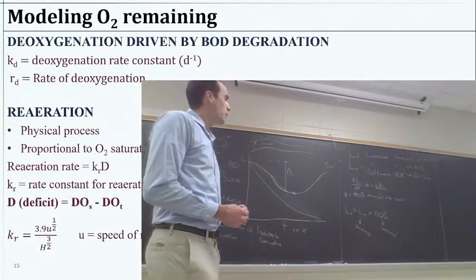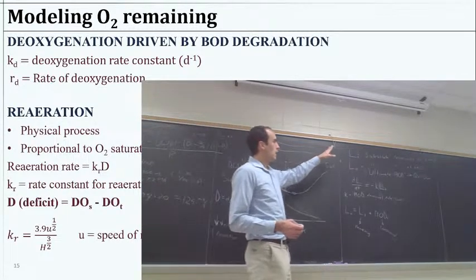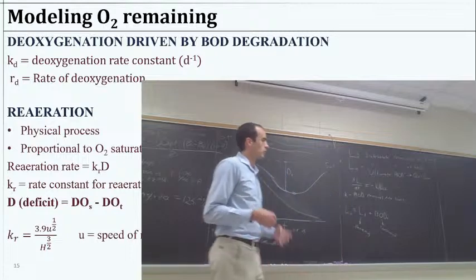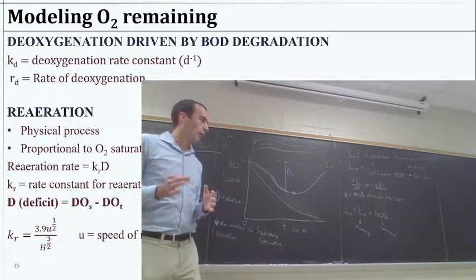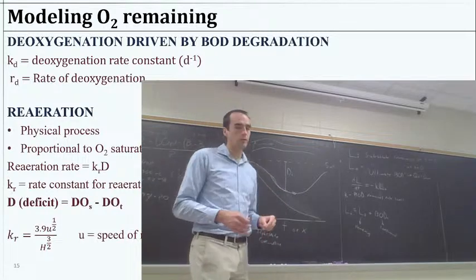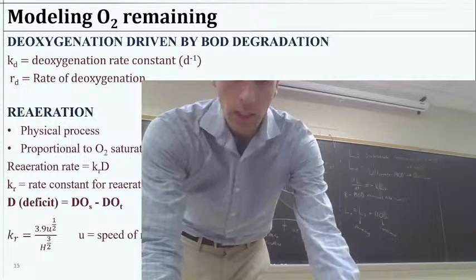All right, so then we need to look at how to reoxygenate. If that little panel of the board is all about deoxygenating, looking at how much of the substrate's there, which does tell us something about the deoxygenation, then we need to look at how this is affecting the oxygen content, and what else is affecting it in terms of how much oxygen we are adding back.